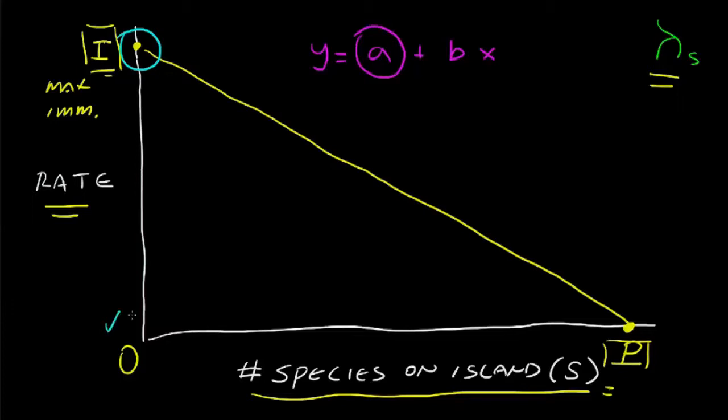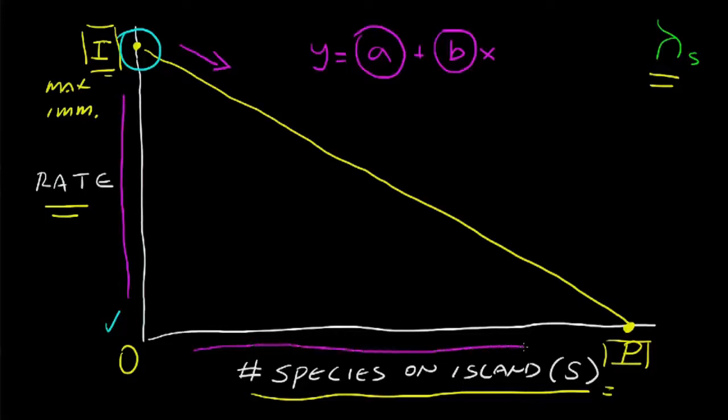This is our y-intercept. And the b term now represents what? That represents our slope. So that's the slope of our line, and our slope is the measure of, again, if you recall, our rise over our run. And the x term here relates to our number of species down here.